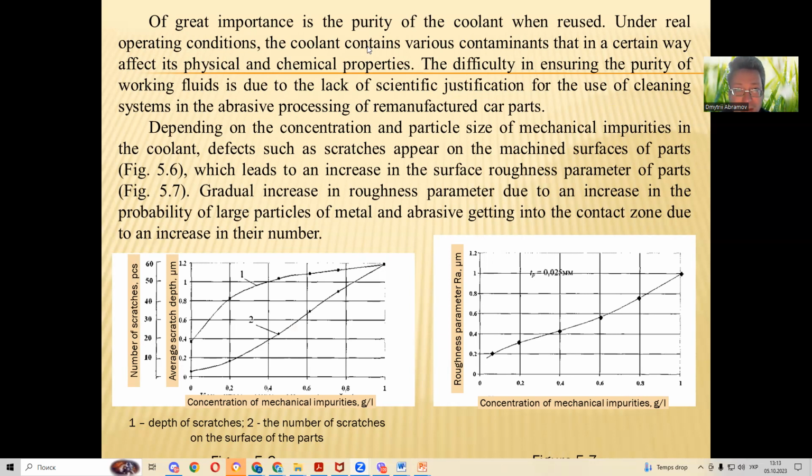You can see figure 5.6 and 5.7. Write down these figures in your notes.